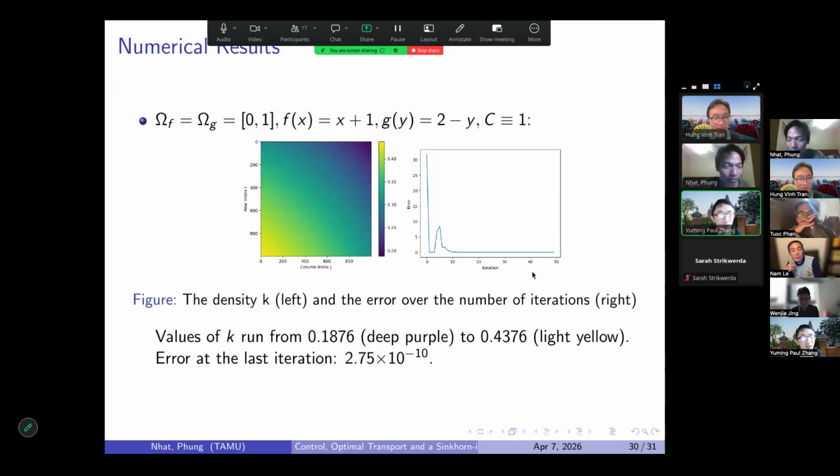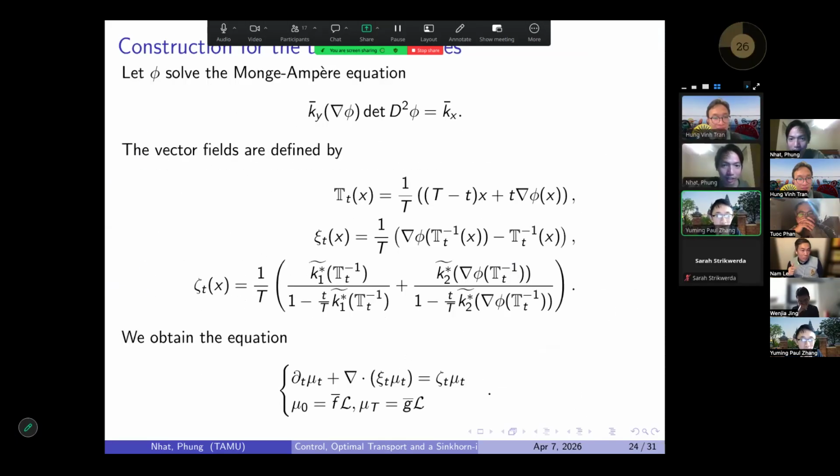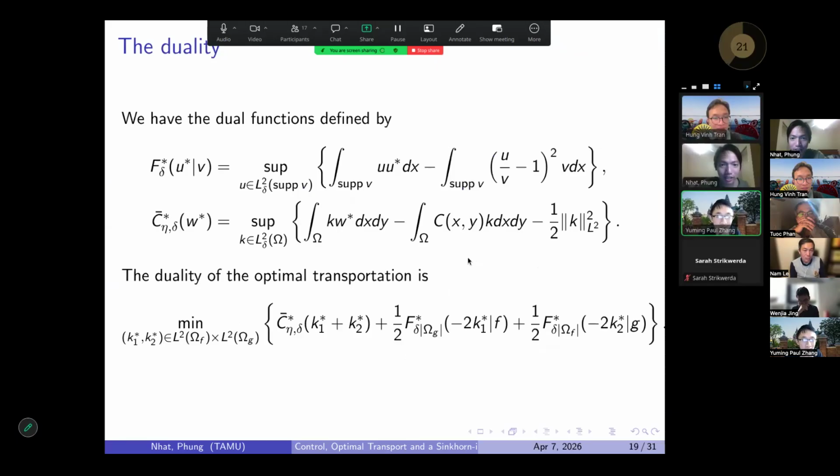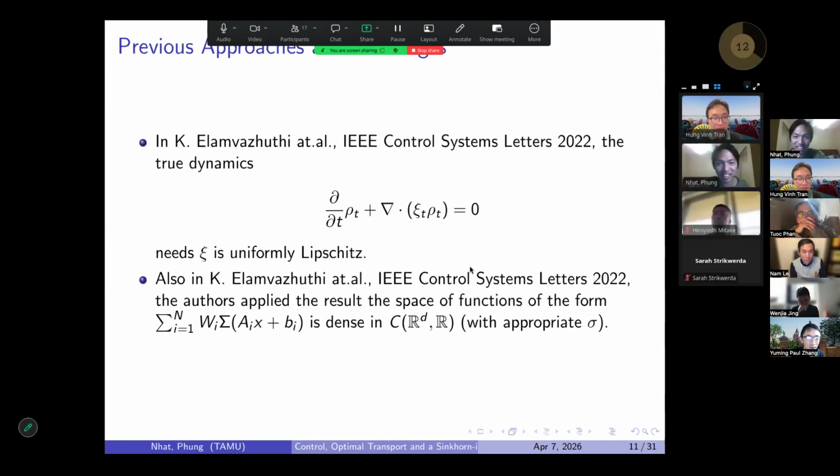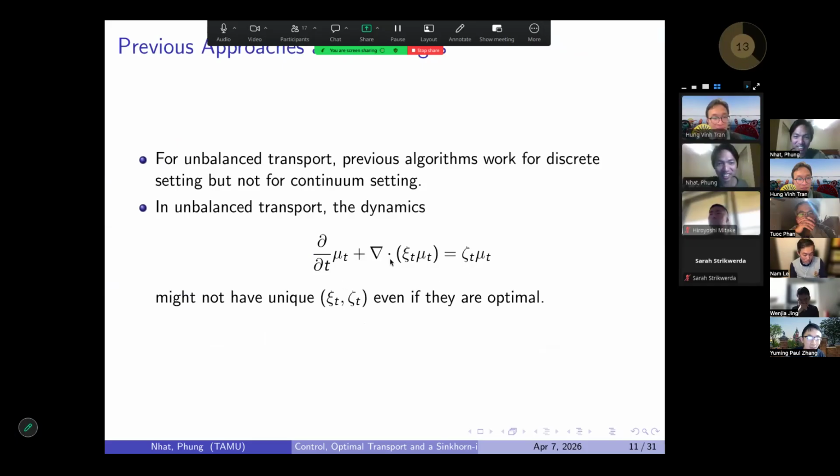You told us that for the unbalanced transport equation, there's no uniqueness, but somehow at the end of the day you have the unique solution in your algorithm. So I'm wondering, is it coming from your optimization formulation for the dual equation, because it's a very special formulation?